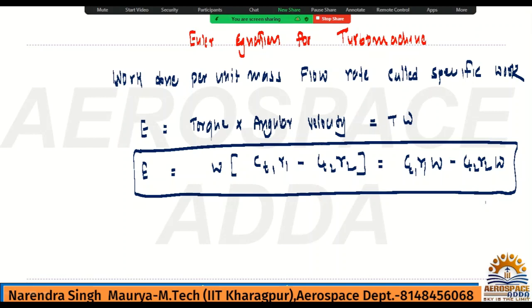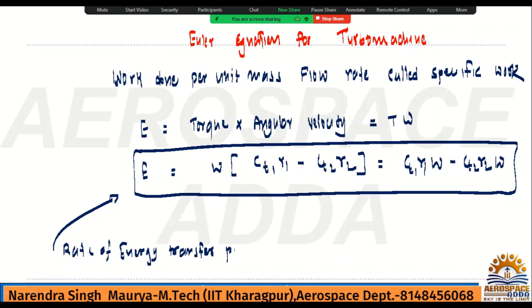So what you are writing is nothing but the rate of energy transfer per unit mass flow per unit time.